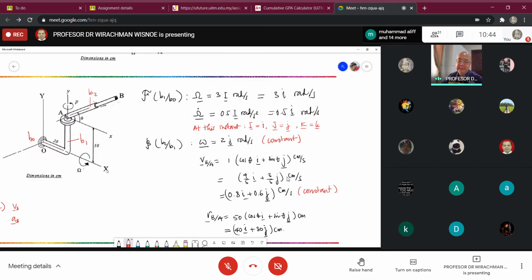This direction is capital X, so we put this one as small x. If it's not given, if it's given, just use the axis as given. So in terms of direction, at this instant, the snapshot, small x is in the same direction with capital X.